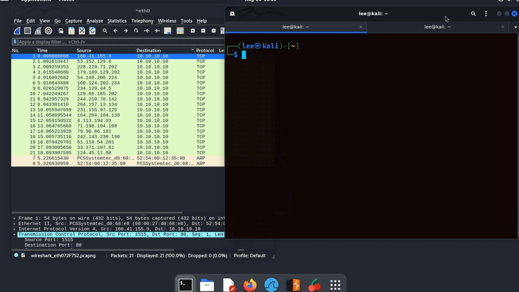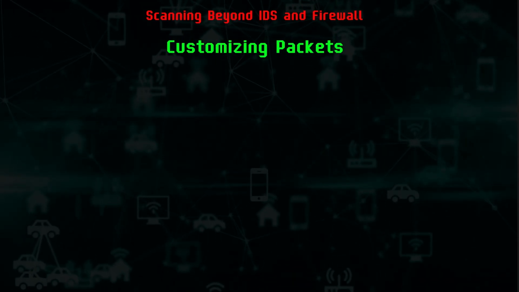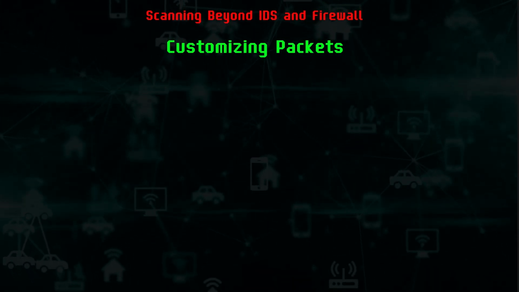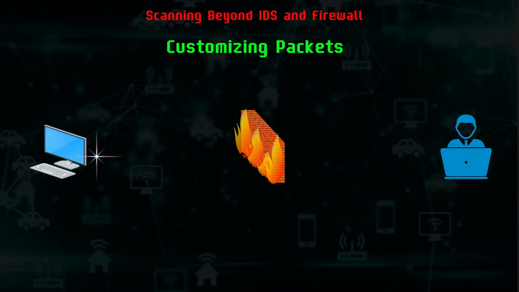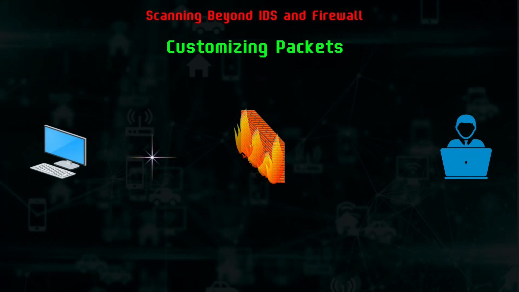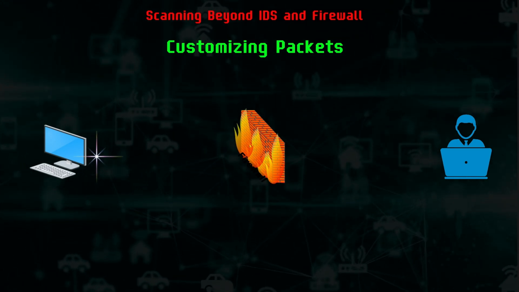Okay, let's move on to technique number 6, which is customizing packets. An attacker can create and send custom packets to scan the intended target beyond the firewalls or intrusion detection system. This can be done by several methods.